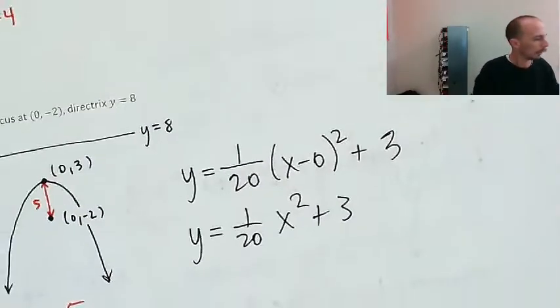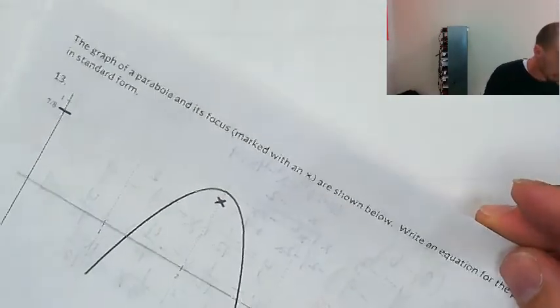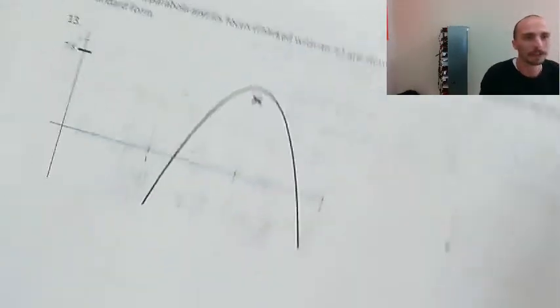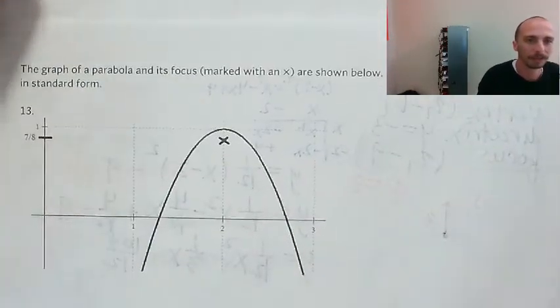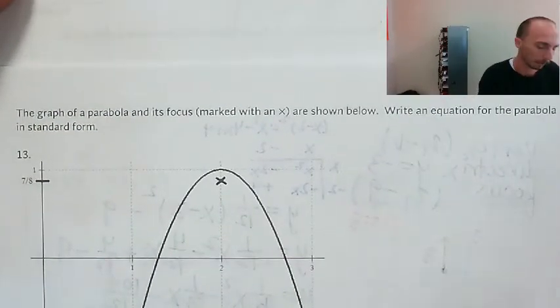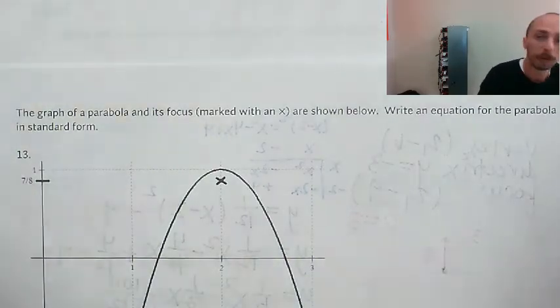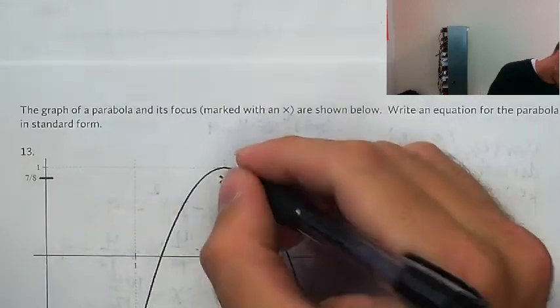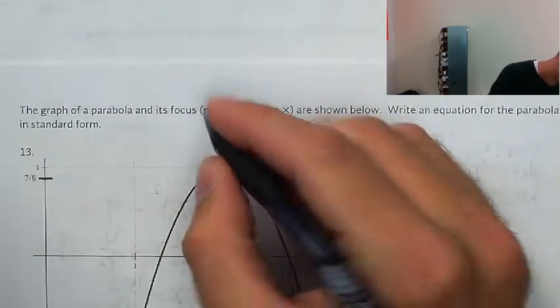That was good. What else we got? Oh, we've got a marked focus. I remember making these graphs. These are not the best graphs ever, but it's okay. Made with Microsoft Paint. So we're going to write an equation for the parabola in standard form again. I need to find the vertex.